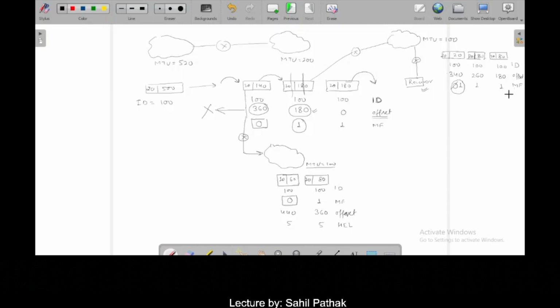So that's why यहाँ पे हम हर केस में कह सकते हैं कि हेडर लेंथ वैल्यू हमारी क्या होगी, 5. Got it?